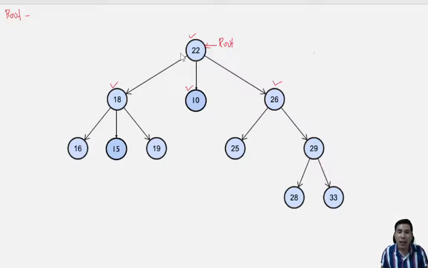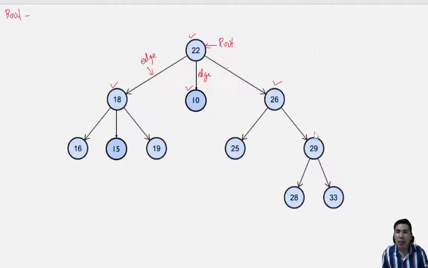The links between these nodes are what we call edges. So this one is an edge, the connection between two nodes. This one is an edge from root node 22 going to its child 10. This one is an edge here.